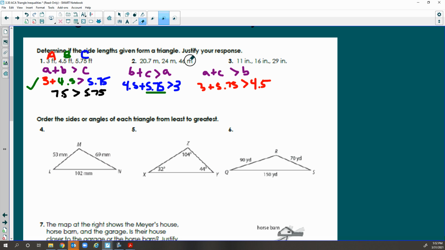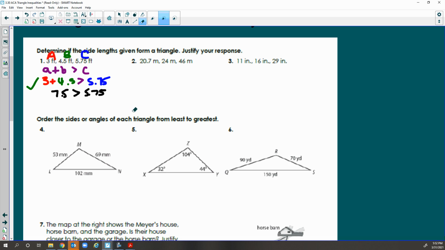Let me get rid of this so I can model 2 and 3 for you. So let's do Mr. C's same trick. A plus B is greater than C. Mr. C says, put the longest side as letter C, and we'll know right away. So this one's going to be letter C, it's 46.